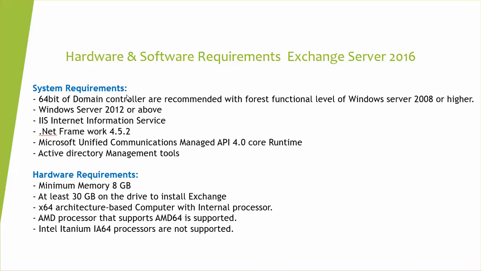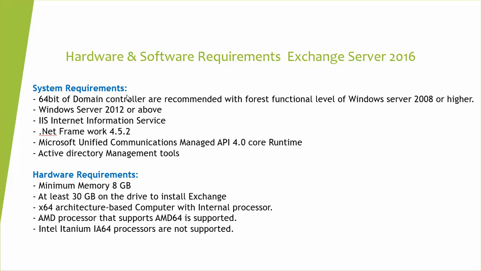So a 64-bit domain controller means that your operating system is also going to be 64-bit, because 64-bit is always something that performs better, and the functionality is better, and it is reliable. 32-bit is also reliable, but when it comes to performance, 64-bit is always much better than 32-bit.